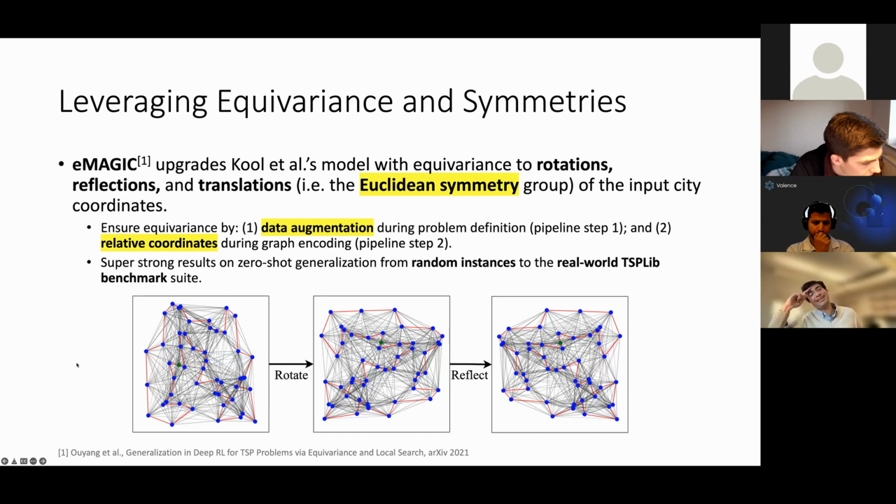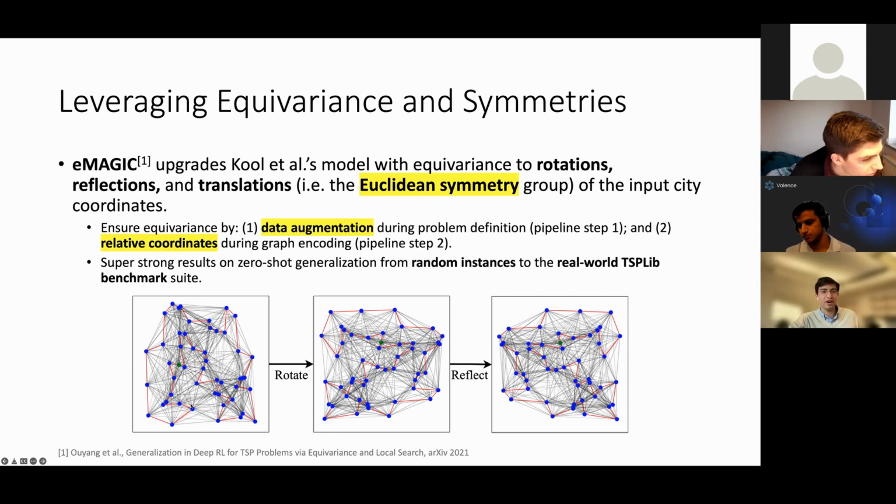Yeah, so the idea of equivariances and symmetries is really strong, and you can do more with it, right? So these routing problems, if you look at a solution here, or if you look at this set of coordinates or cities, they're always embedded in Euclidean coordinates.